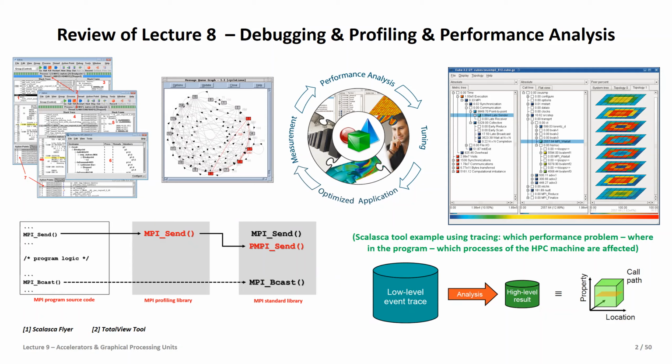So by the early analysis, which is heavily supported by tools, not only by the instrumenter, that basically gives us a kind of augmented program that enables the traces, we then also have the high-level result, which shows some pattern of non-performance behavior and can link us exactly to where it's happening. So at what time in the call path of your application, where exactly is the location in the program where this performance problem lies.